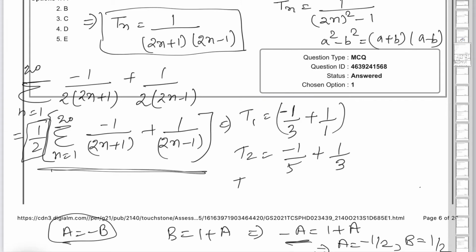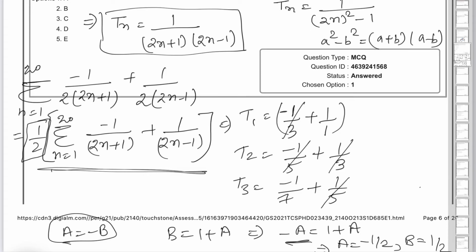Okay, and t3 will be minus 1 upon 7 plus 1 upon 5, right? So if you observe carefully, these terms are getting cancelled by the consecutive term itself.